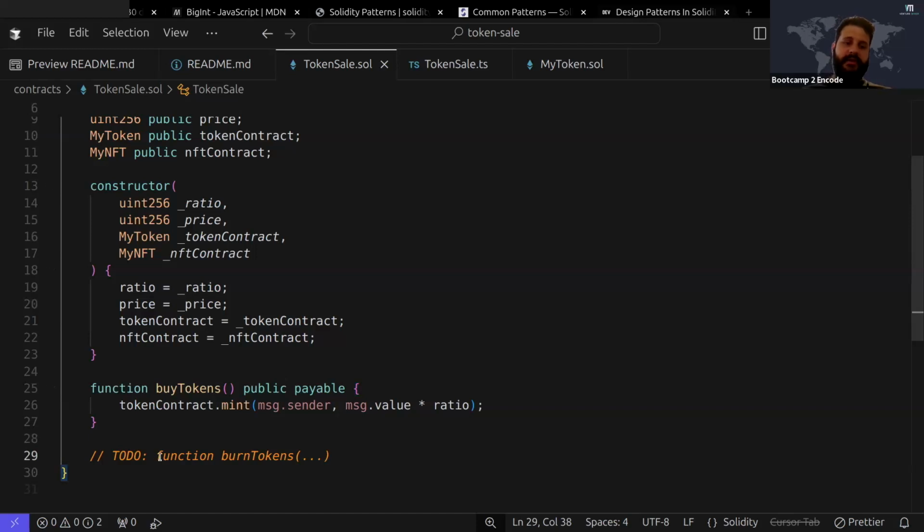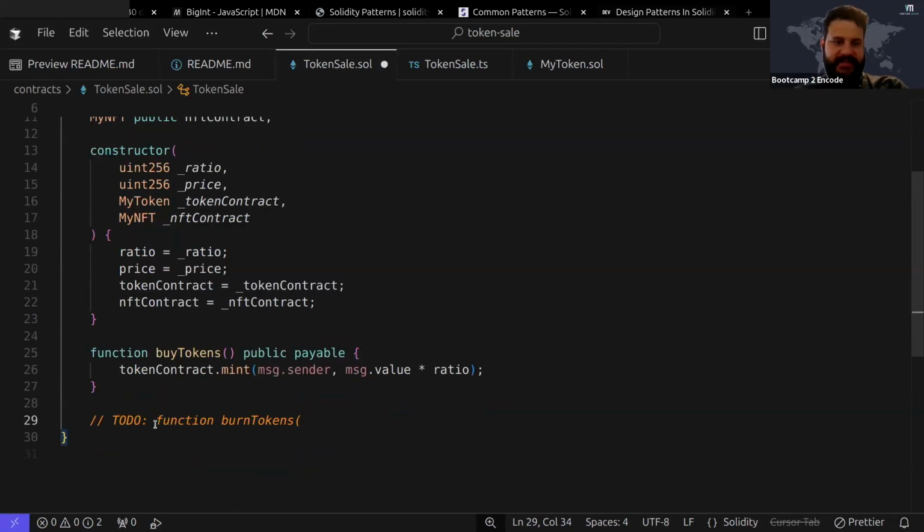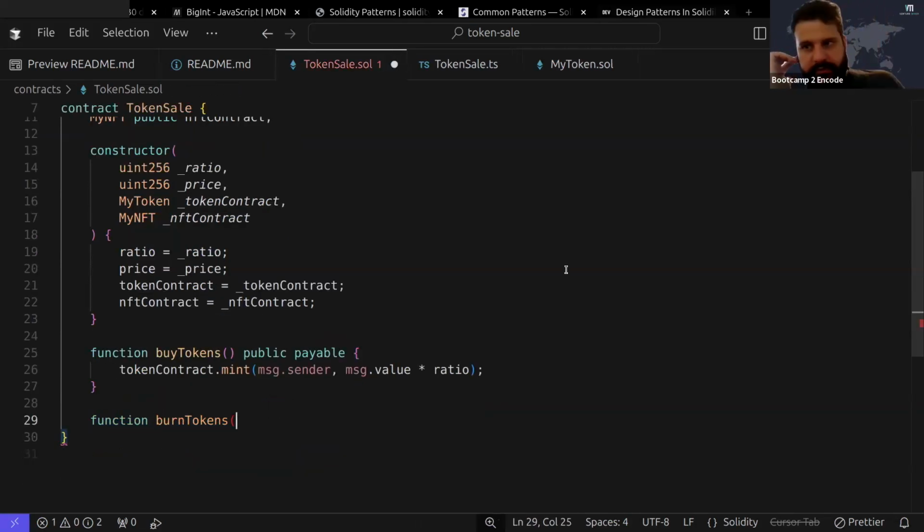Let's discover that. It's going to be maybe the last exercise for this challenge. How would you implement this burn tokens function based on what we did for buy tokens? Just the function description.